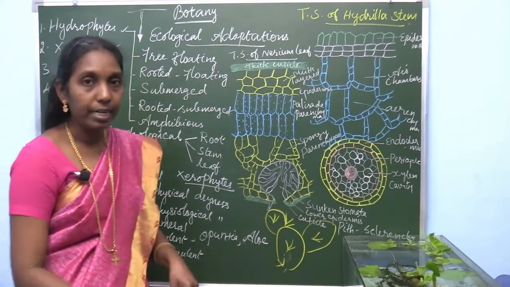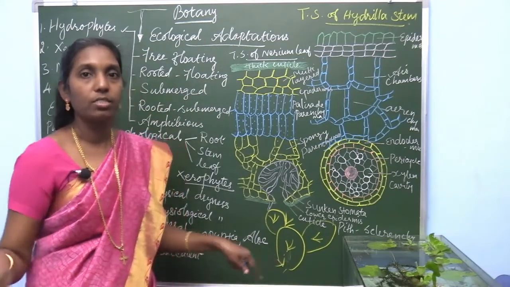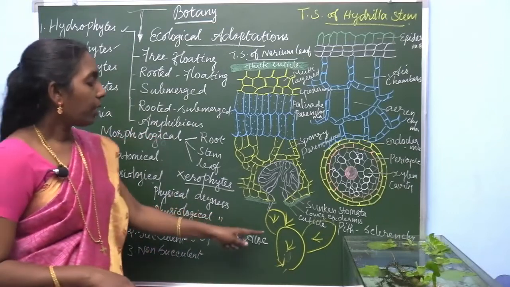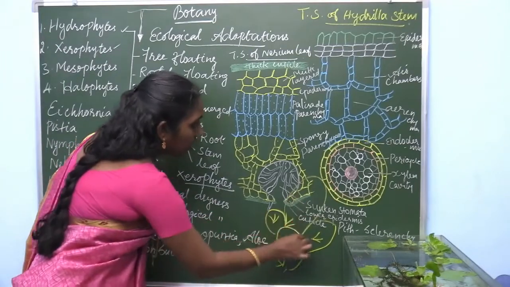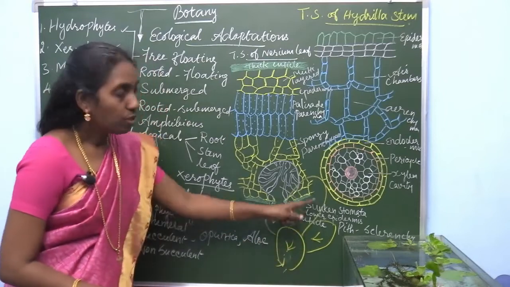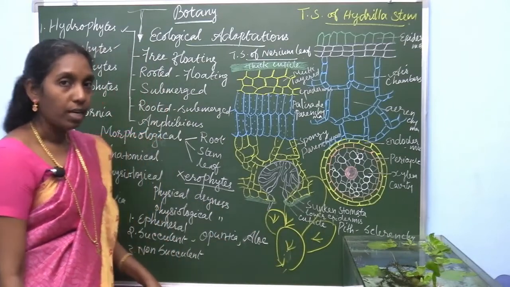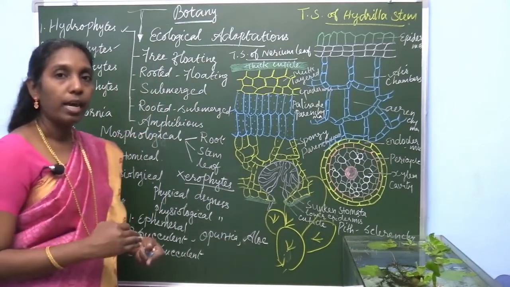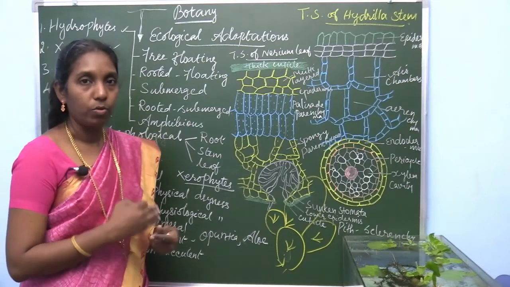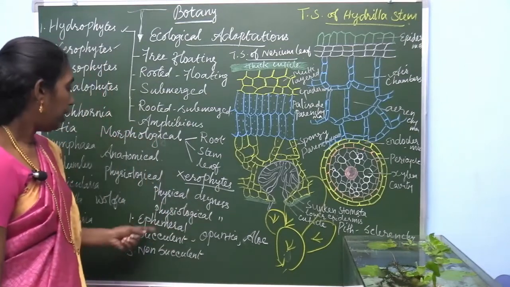It goes very deep into the soil in search of water. So compared to the shoot system, the root system is well developed, and the root cap is also well developed.